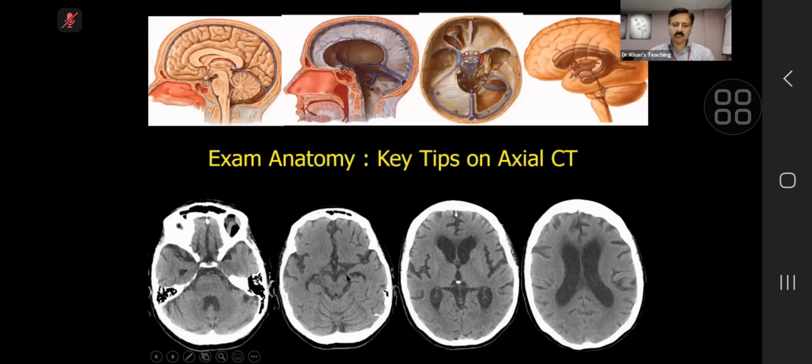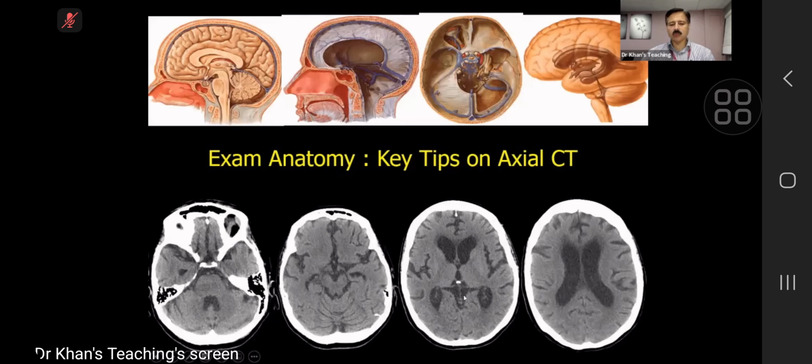The posterior cerebral artery, PCA, passes through the ambient cistern, and that is why when there is transtentorial herniation it can be compressed, and in an exam case there will be an infarction of the occipital lobe. Infarctions can be on the same side, and can also be on the contralateral side because this midbrain is going to be compressed. If you don't know this anatomy, you are not going to pick that up.